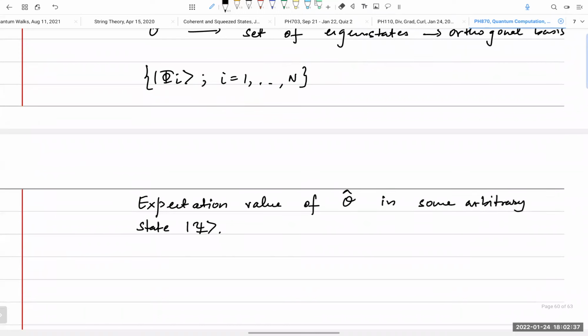So how can I write that? Well, that expectation value is this object.